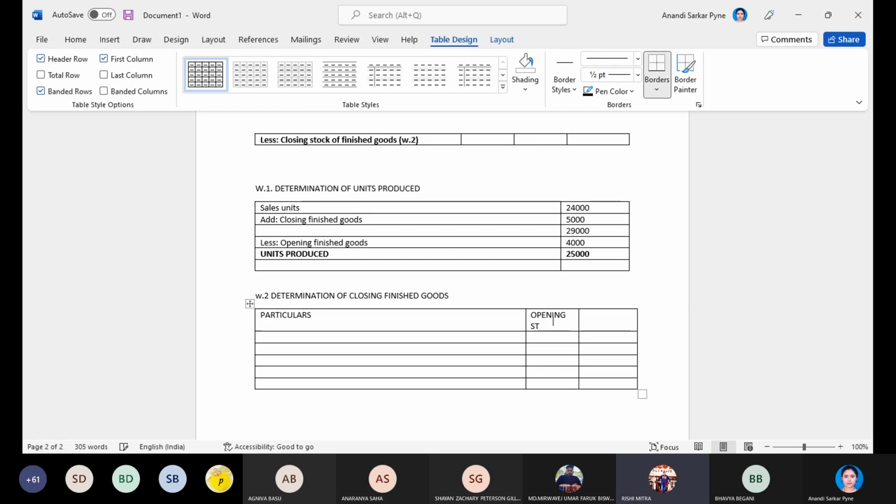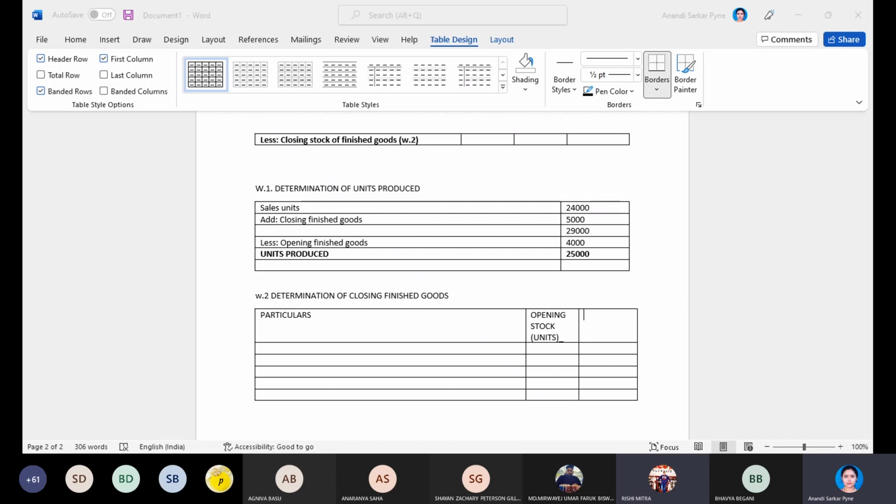Okay, ma'am. So opening stock units and production units are required, because opening plus production is needed for finding out the closing. Ma'am, then opening here will be 4,000 units as per the question.